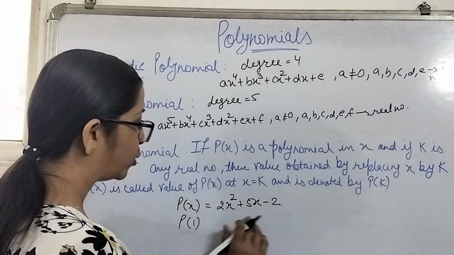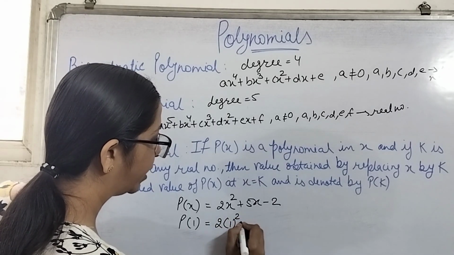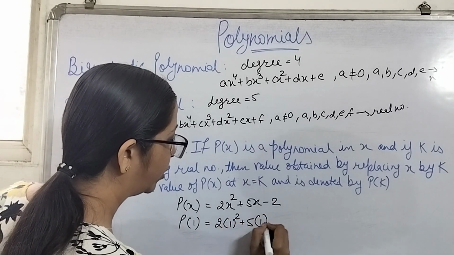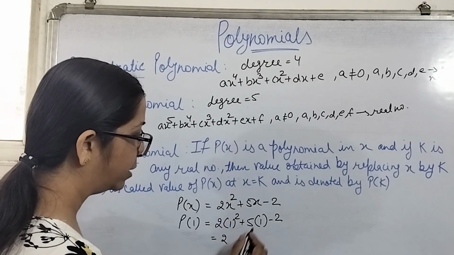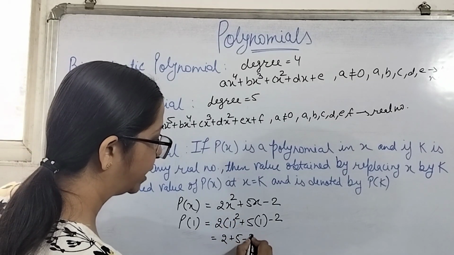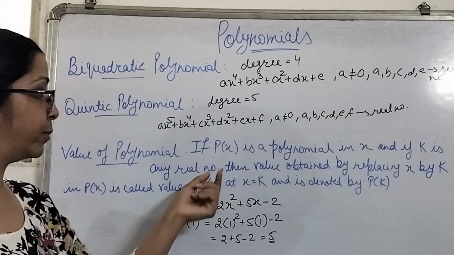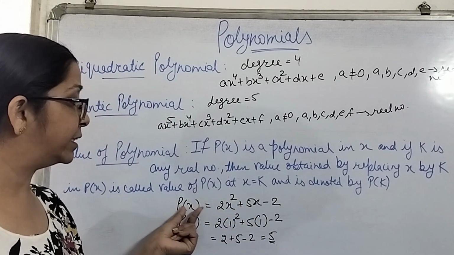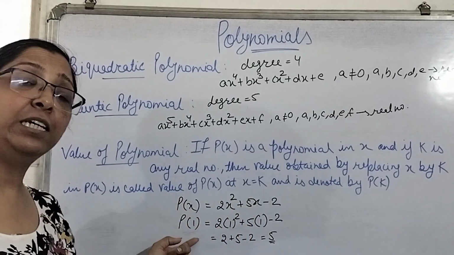If we replace all the x here by 1, we get 2 times 1 squared plus 5 times 1 minus 2. 2 times 1 squared is 2 only, plus 5 minus 2, that gives you 5. So we have replaced x in this polynomial by a real number.